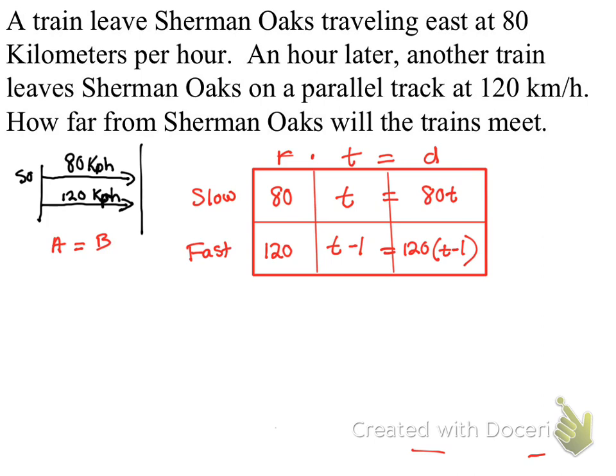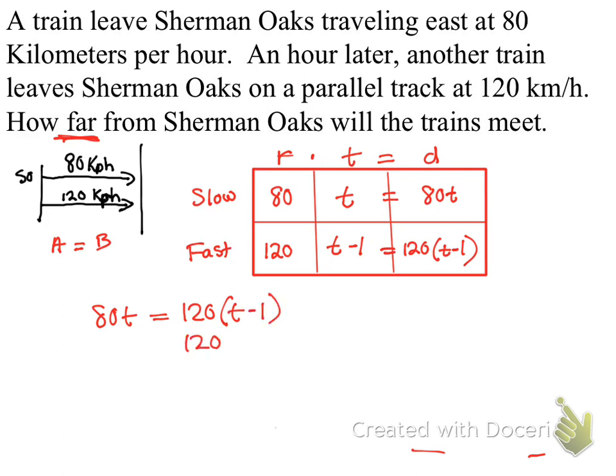They end up traveling the same distance. Now, we're solving for time, but I'm going to eventually use that because they want to know how far. Does that make sense? So you can see I've eliminated the other variables.